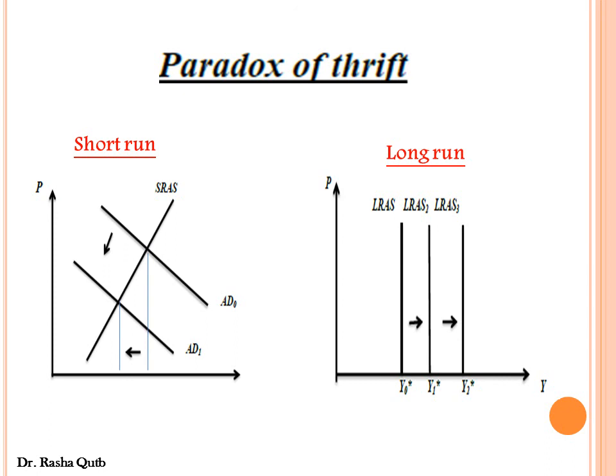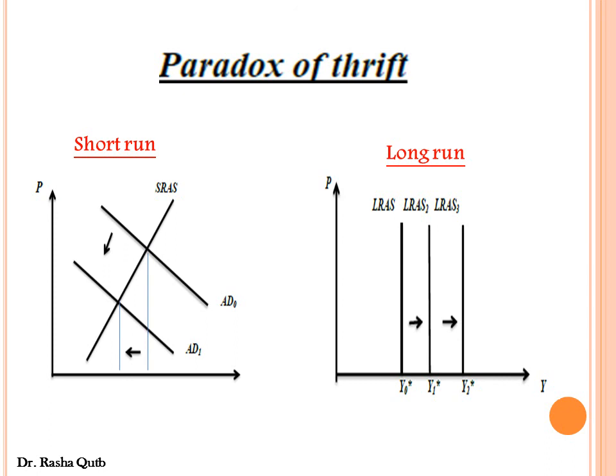So it is better to save now in order to improve welfare in the future. Because if we decrease saving in the short run, real national income would decrease, but capital formation also decreases in the long run. So the potential level of national income would decrease, and we can call it economic deterioration. So it is better for the economy to increase national saving.